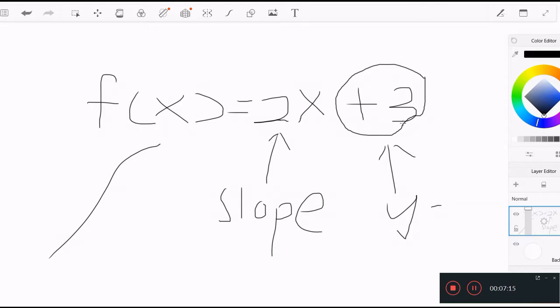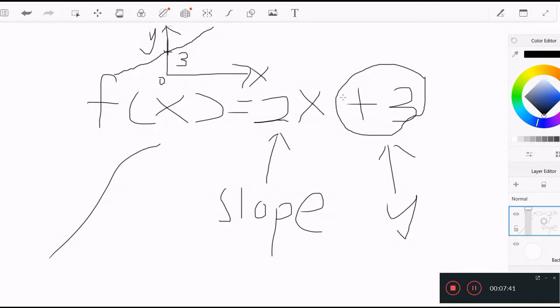This is the y-axis. So what is the y-axis? This is the graph. I bet you all know that this is x and this is y. If the graph touches here, this is 0 and this is 3.